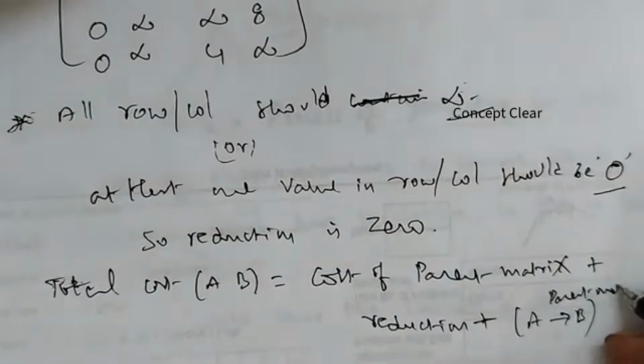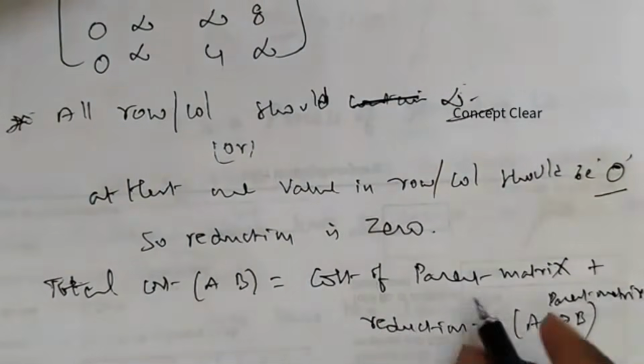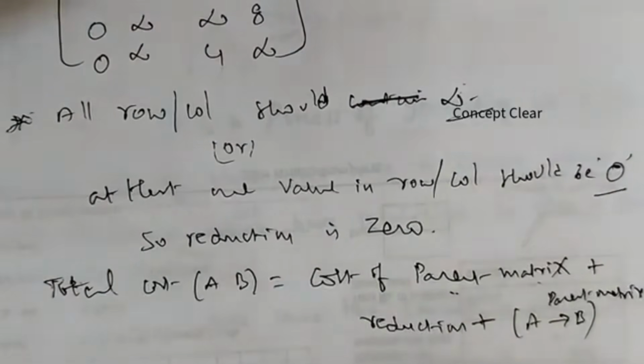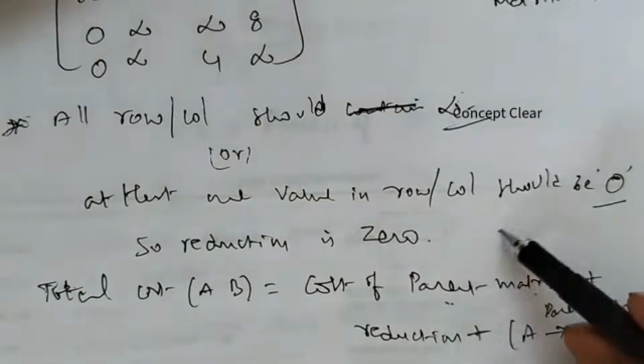Okay. Here what is the total parent matrix cost? The cost of total parent matrix is what? 16.